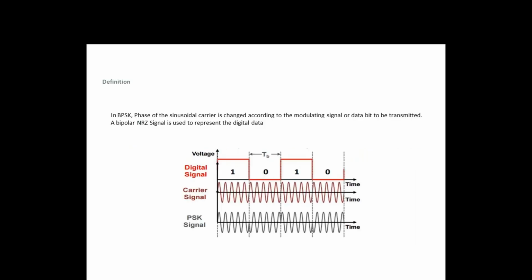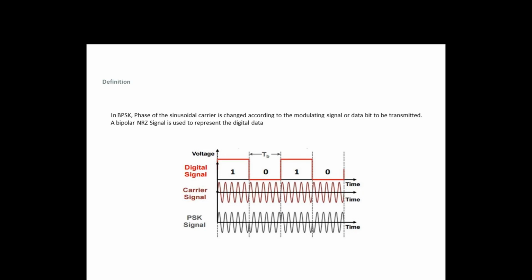How can we define it in words? In BPSK, the phase of the sinusoidal carrier is changed according to the modulating signal, or the digital bit to be transmitted.